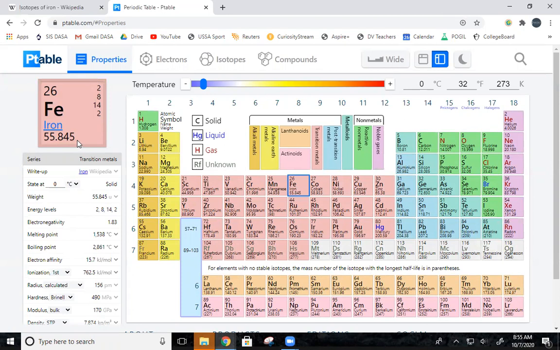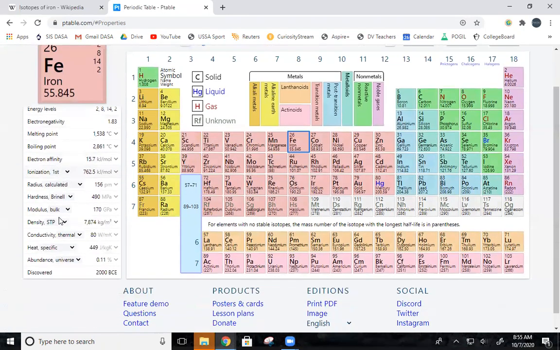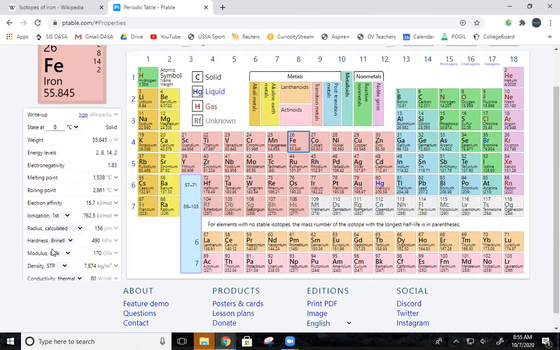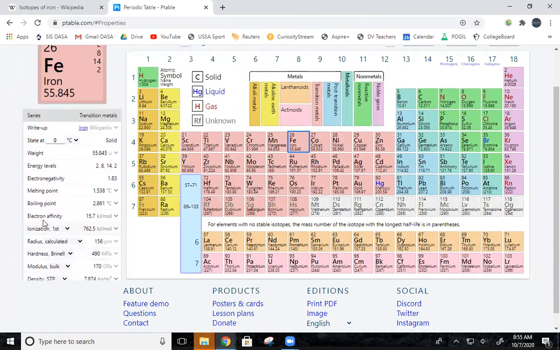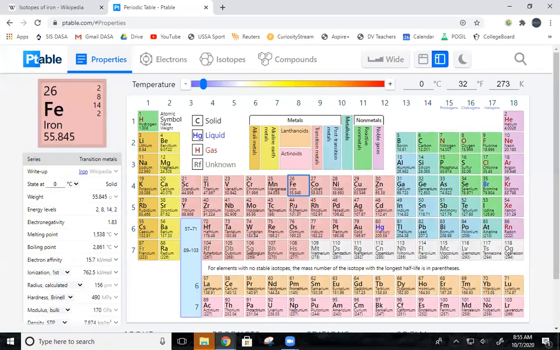And in fact, I believe that we can look at boiling point, ionization, heat, abundance. No. Does it not give me an option to look at common isotopes?